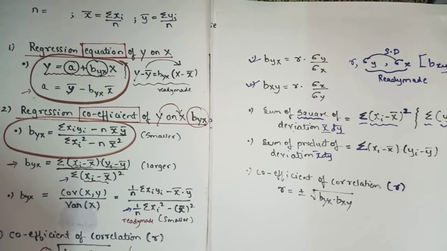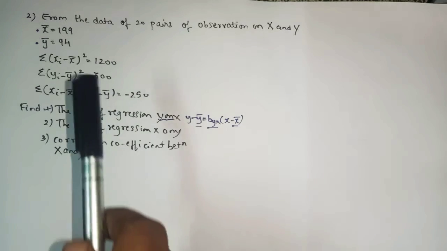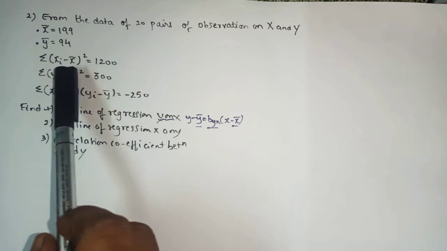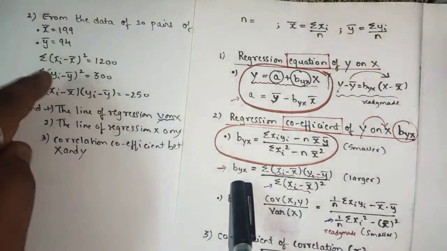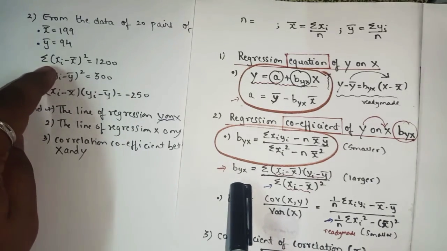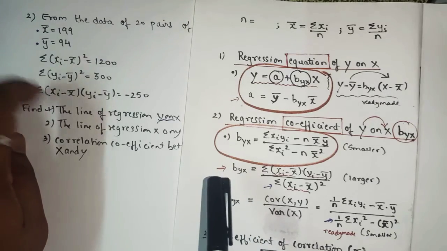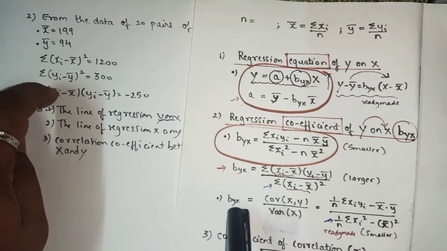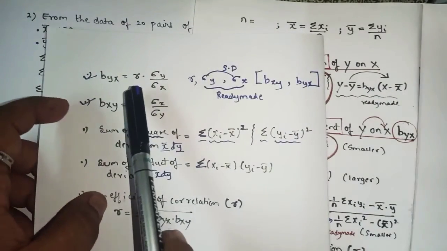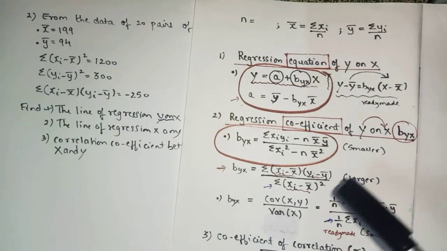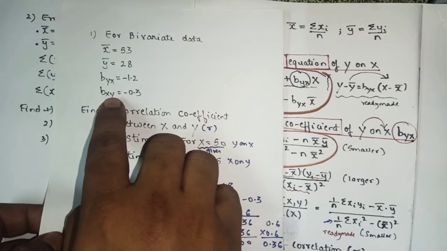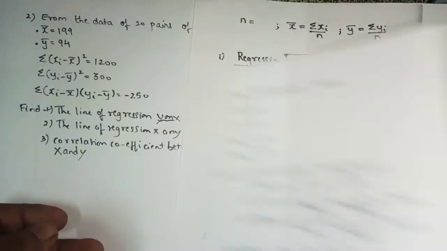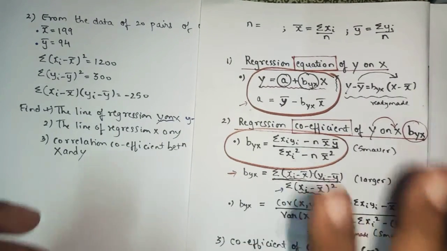To find byx, you can guess the formula also. Here we have (xi minus x mean)(yi minus y mean) and (xi minus x mean) the whole square. Looking at this pattern, in this second sum, by using the formula we have to find the answer, whereas in the previous sum there was a ready-made value of bxy and byx.